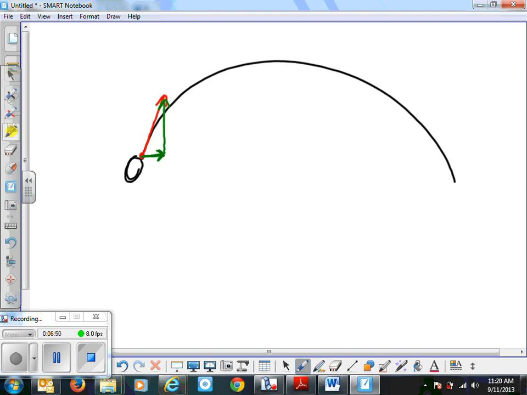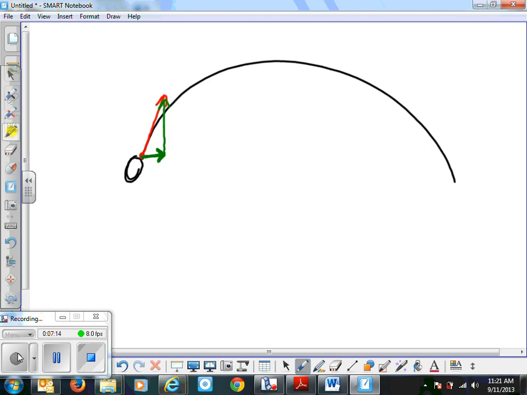So throughout the whole problem, what does that mean? Yes, that means that this value here, whatever it is, will remain constant throughout the whole situation. So this part of the triangle is the same, no matter where you're at.